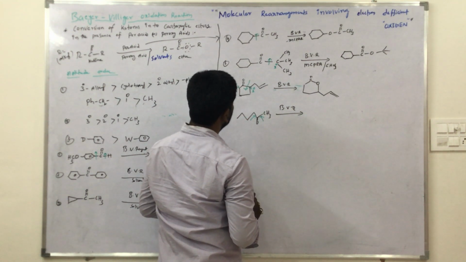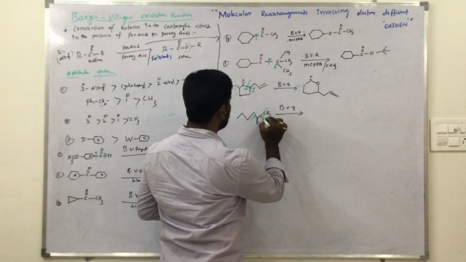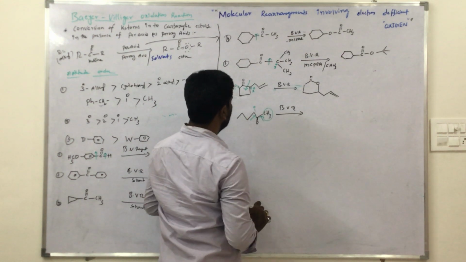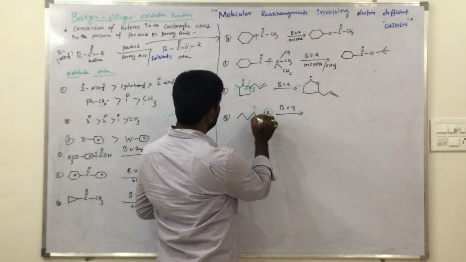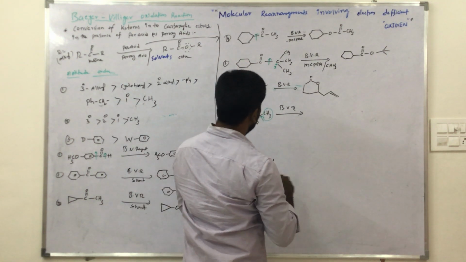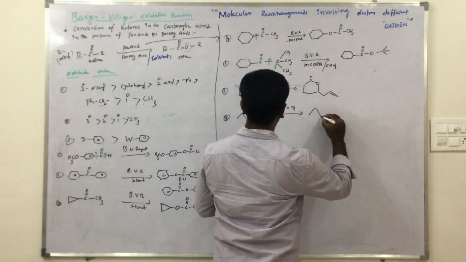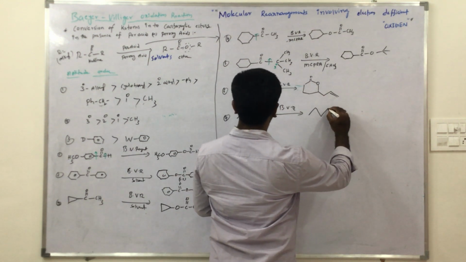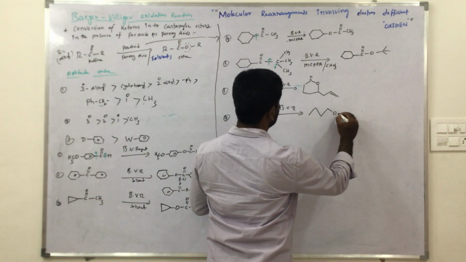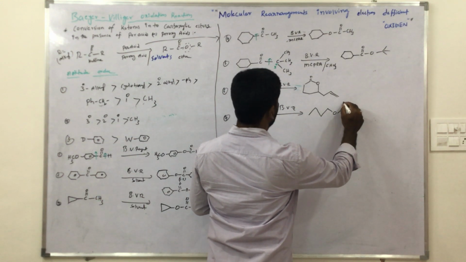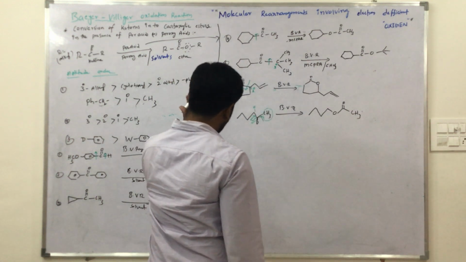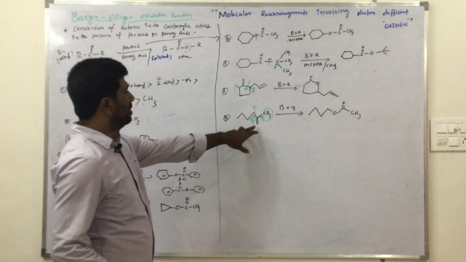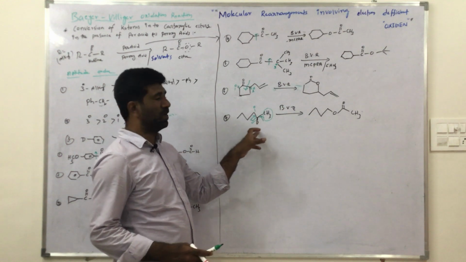This is a methyl group, this is primary. So which is more preferable? This is more preferable. So the product is now oxygen, double bond O, CH3, right?